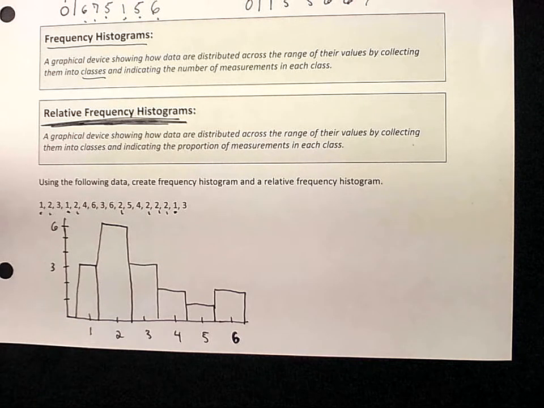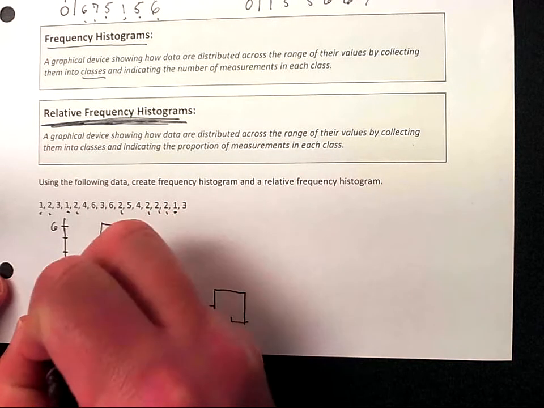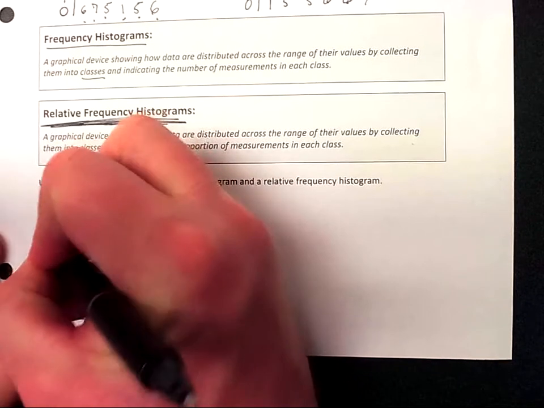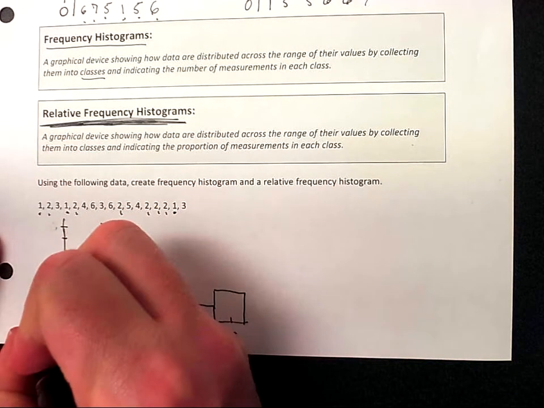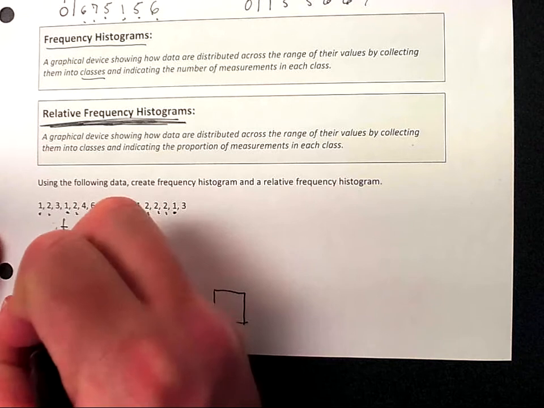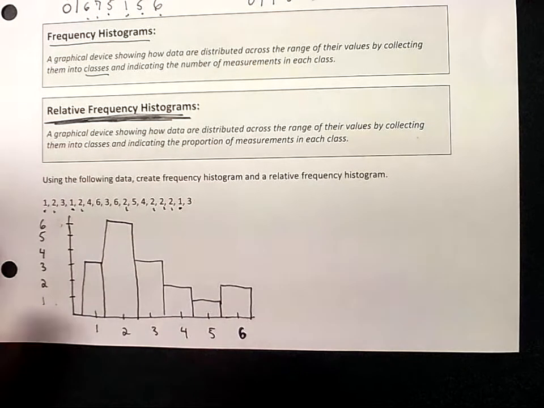The good thing about the difference between the frequency histogram and the relative frequency histogram is that there's only a very, very small difference. To help illustrate that difference, I'm going to write all these numbers up here that I probably should have written earlier on this y-axis that represented the frequency.